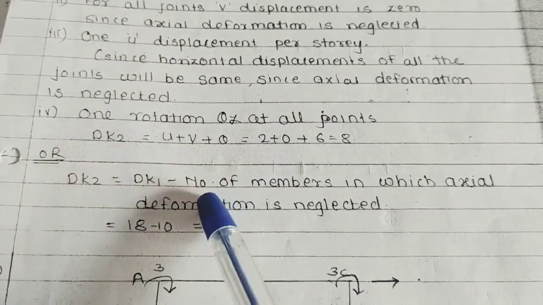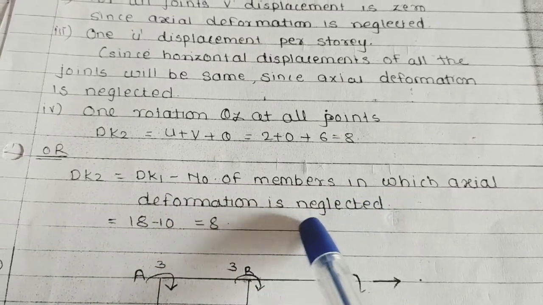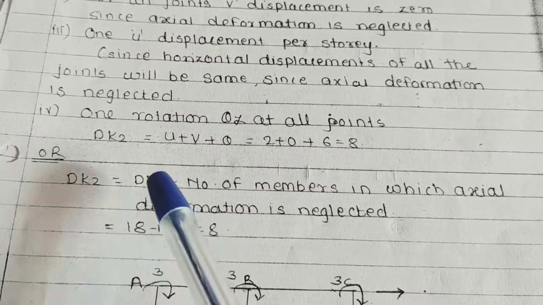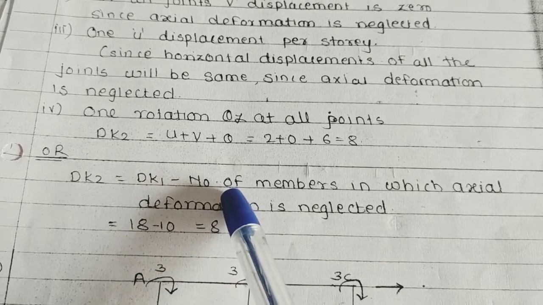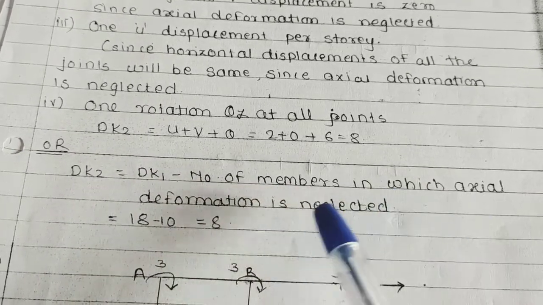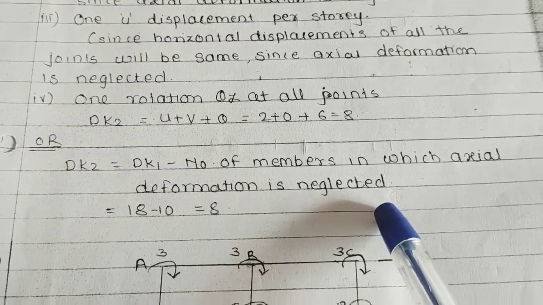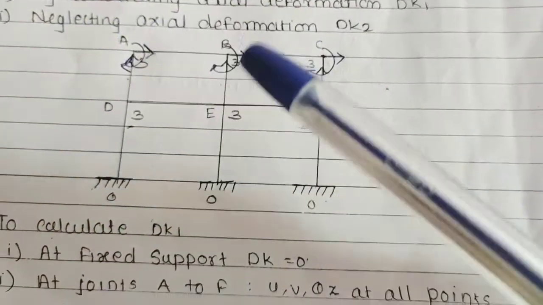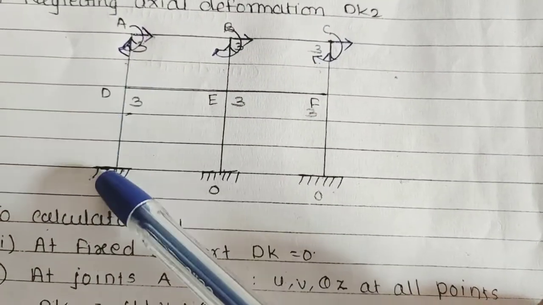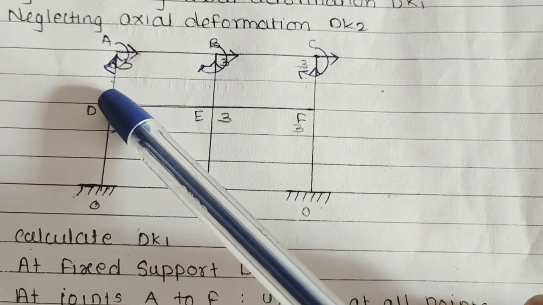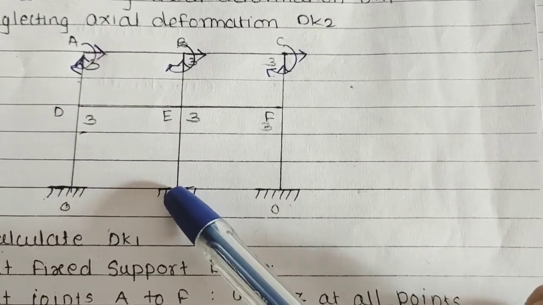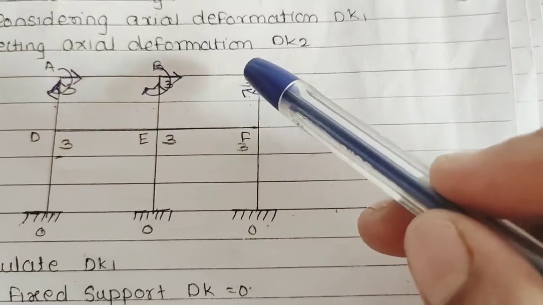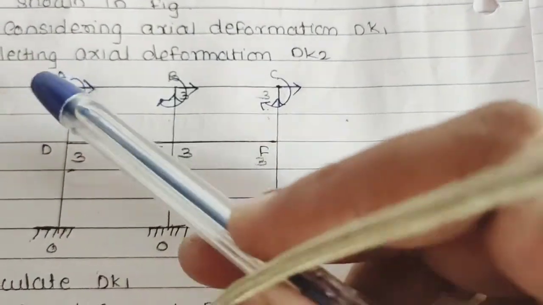Means you subtract the number of members in which axial deformation is neglected from the degree of kinematic indeterminacy with axial deformation, that is dk1. You have to deduct the number of members in which axial deformation is neglected. Means simply count the number of members here. See here, this is one vertical member from this fixed support up to D. Again the second member from this fixed support up to E. Third member from this fixed support up to F. Then CF, BE and AD.